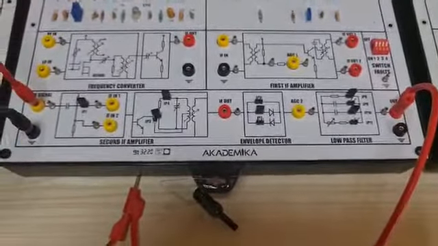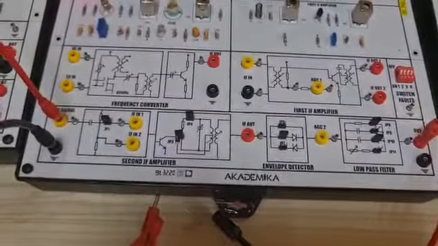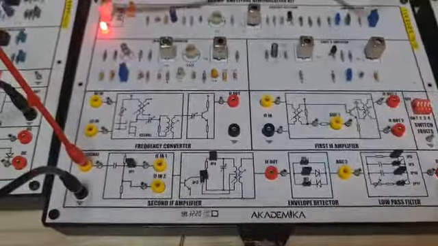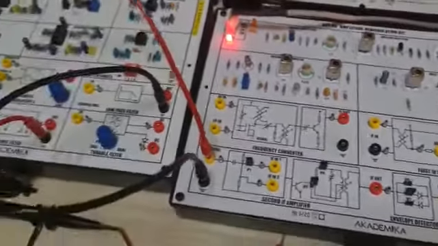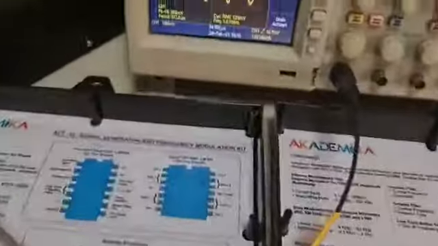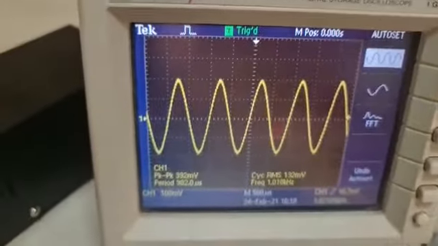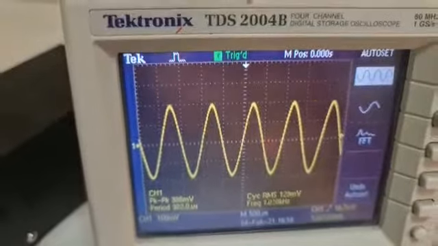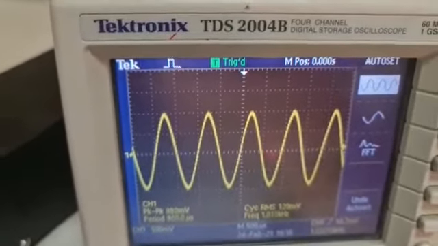If we see the output through the CRO, you will find the waveform that was given at the input. This is the input, and this is the demodulated waveform we are getting. Again the frequency is 1.02, roughly 1 kilohertz, we are getting back.